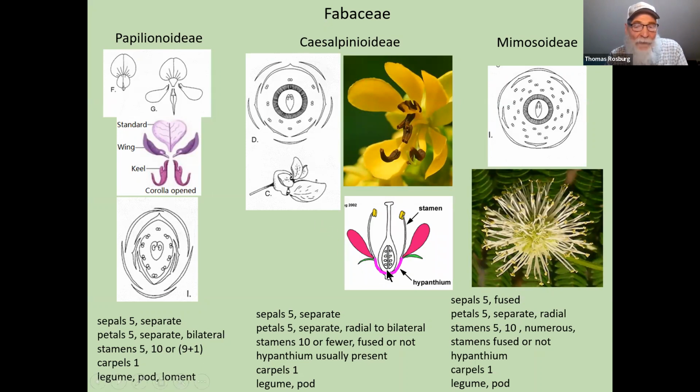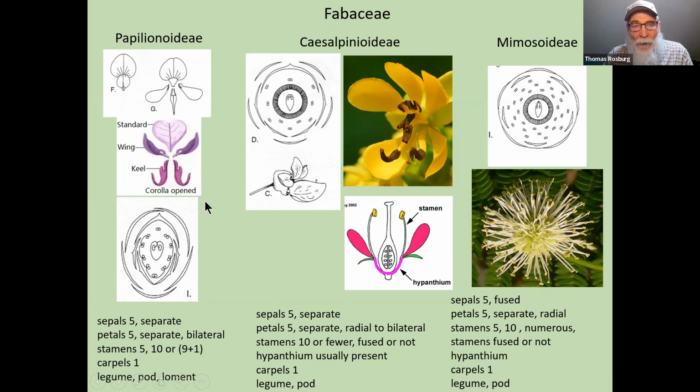It's basically just a little floral cup, formed by the fusion of the lower parts of stamens, petals, and sepals, all fused together. And of course, this little floral cup has walls that completely surround the ovary, which we see right here. So the hypanthiums in Fabaceae are not strongly developed, but they are there.